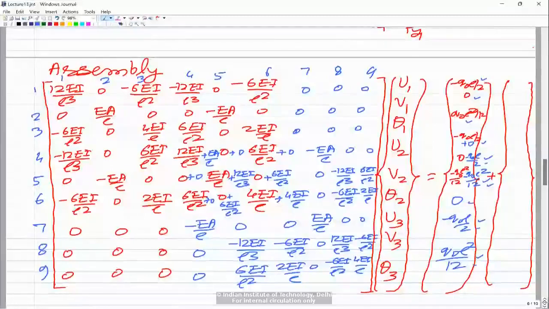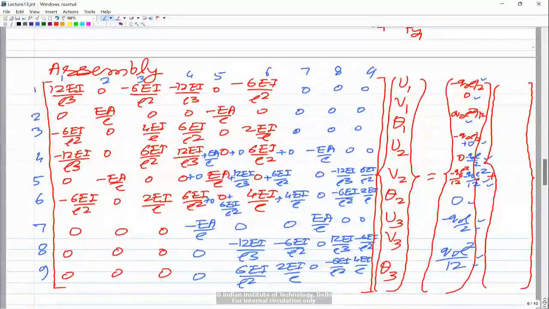So now if you look at the internal load vector, let me write, I think I need more space, so let me create that.